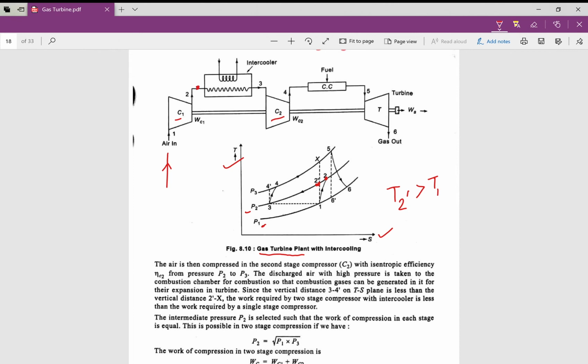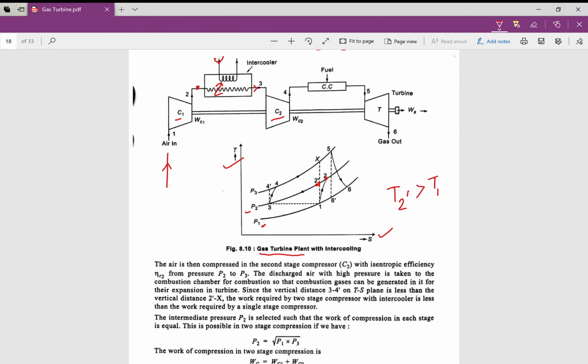Then what actually takes place in the intercooler? Here water comes from outside and enters the intercooler. There is a heat transfer from this compressed air to the intercooler, and then we get this high pressure air but at low temperature.